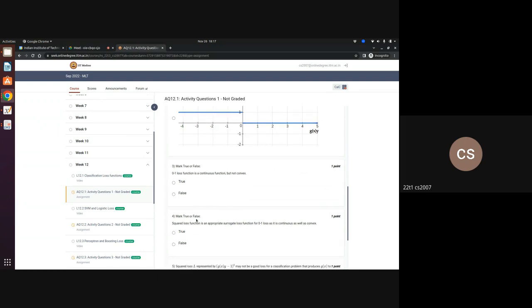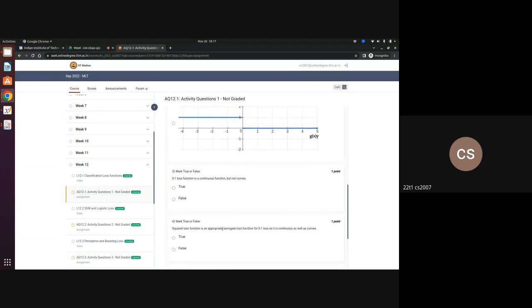One of them is the squared loss function. As we know, in regression we use squared error, which is a continuous as well as convex function, and hence we can happily apply gradient descent on that and get the global minima. So we are asking, can we apply a squared loss in the case of classification? Can it work as an appropriate surrogate loss function or not?